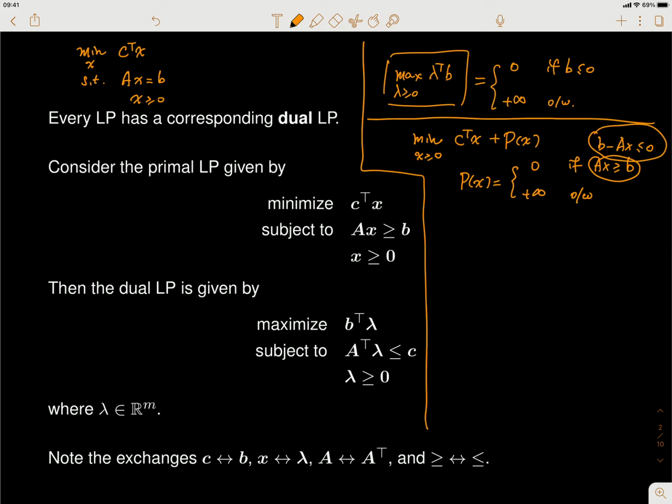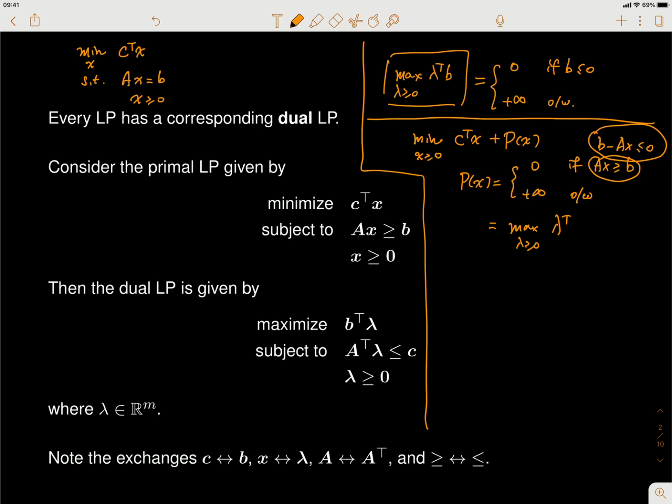That means I can replace this p(x) by the maximum over lambda greater than or equal to 0 of lambda transpose times the vector. It used to be the b vector here, but now this is b minus Ax, because I want to check if b minus Ax is less than or equal to 0.